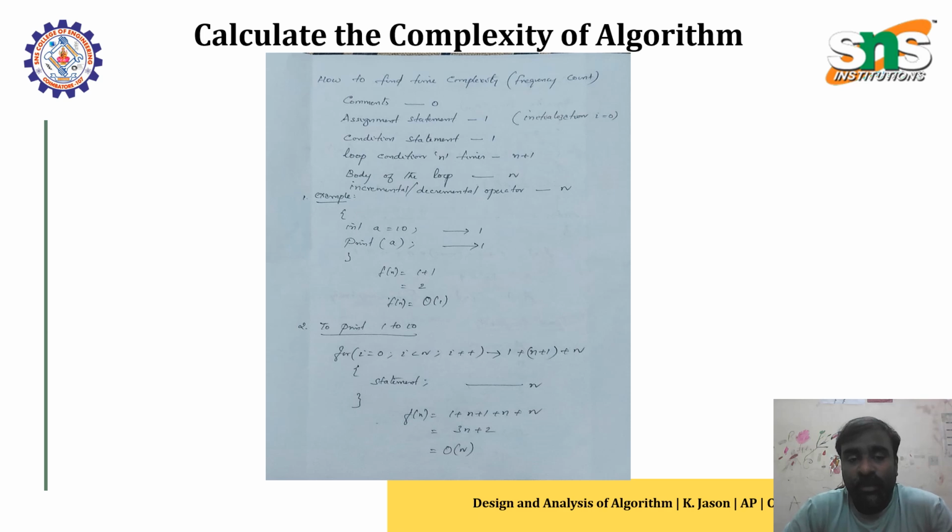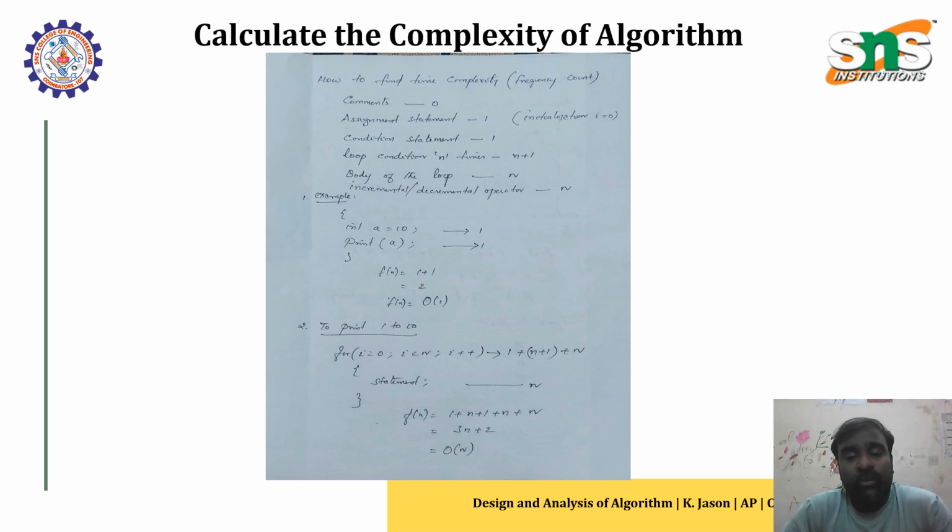Next, we go to the next line, print A. Just one time execution, so 1 unit of time. So f of n is equal to 2. So for any value, it will be order of 1. If the value is 2, if the value is 100, if the value is 1000, any value, it is a constant, so the time complexity is order of 1.